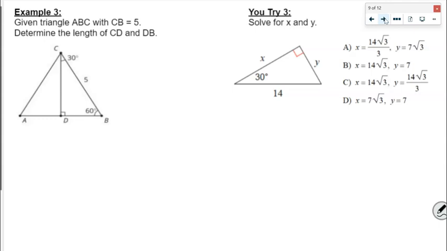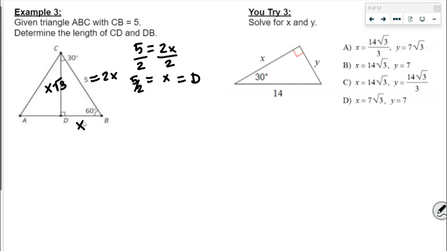Okay, so once again, this is our x, right? This is our x square root of 3. This is going to be equal to our 2x. So there's where we're going to find our x. So 5 equals 2x, divide both sides by 2. So x is going to be equal to 5 over 2. So that's equal to our DB, right?